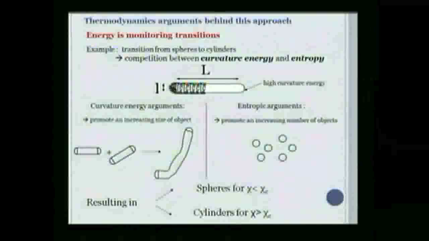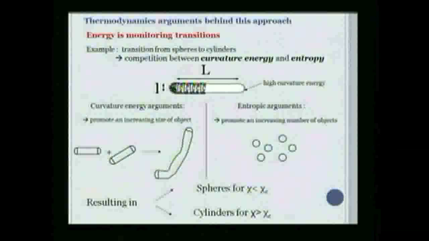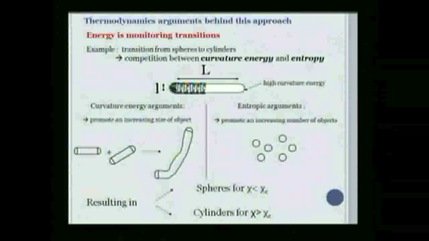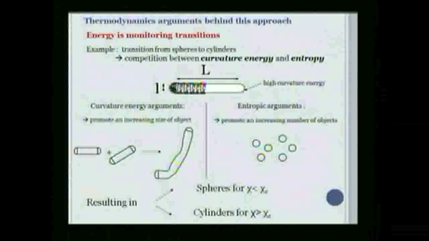It's always a question of energy, okay? And the energy is governing the transitions in the phase diagram. I only give you an example. I could have done such slides for any transition in the phase diagram, but I think it's enough to give one example to understand the arguments. The example: the transition from spheres to cylinders. The question is, why do we have this type of transition?